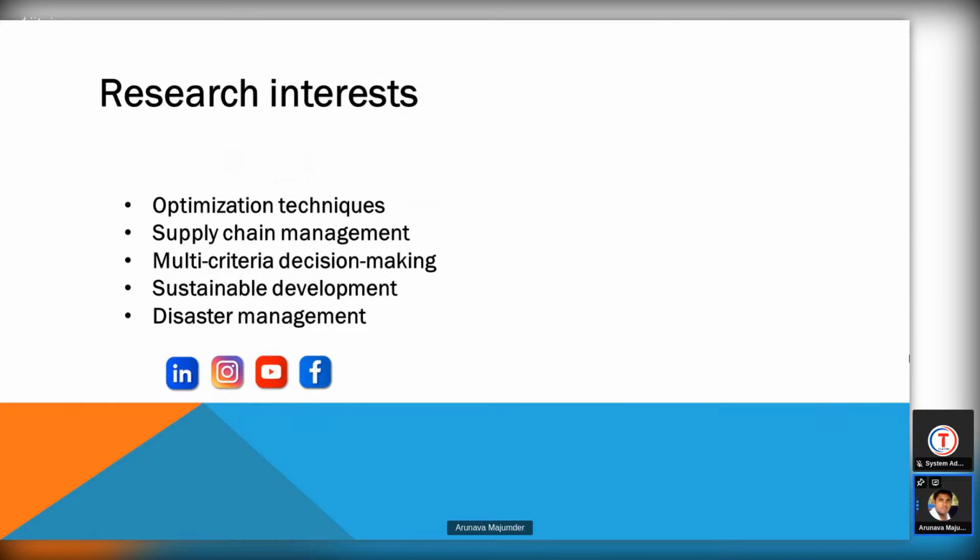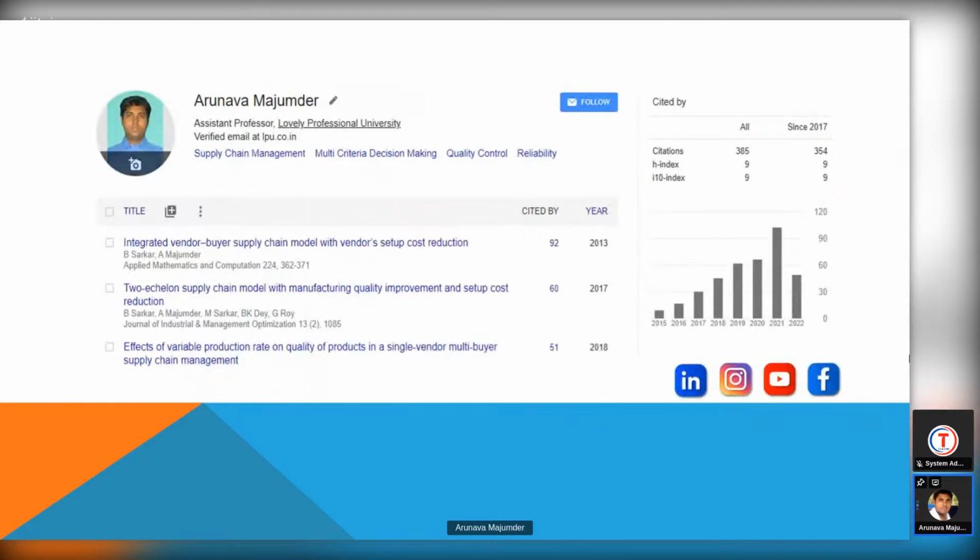I research different optimization techniques, how to find the global optimum or local optimum solutions using different numerical techniques. This is my profile in Google Scholar, and my total citation count is 385. I have more than 20 publications, and my H index is 9. You can follow me on LinkedIn, Facebook, Instagram, and YouTube also.